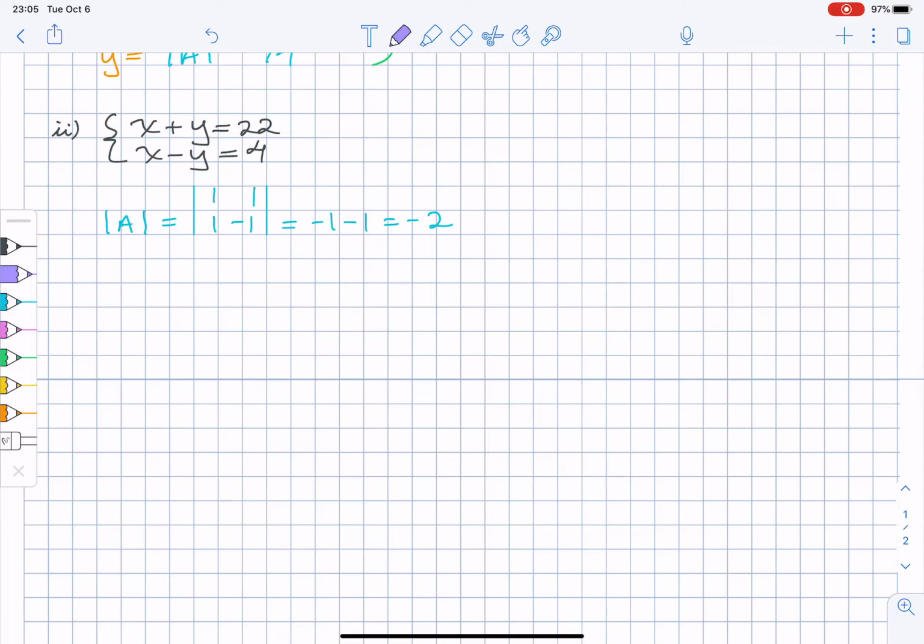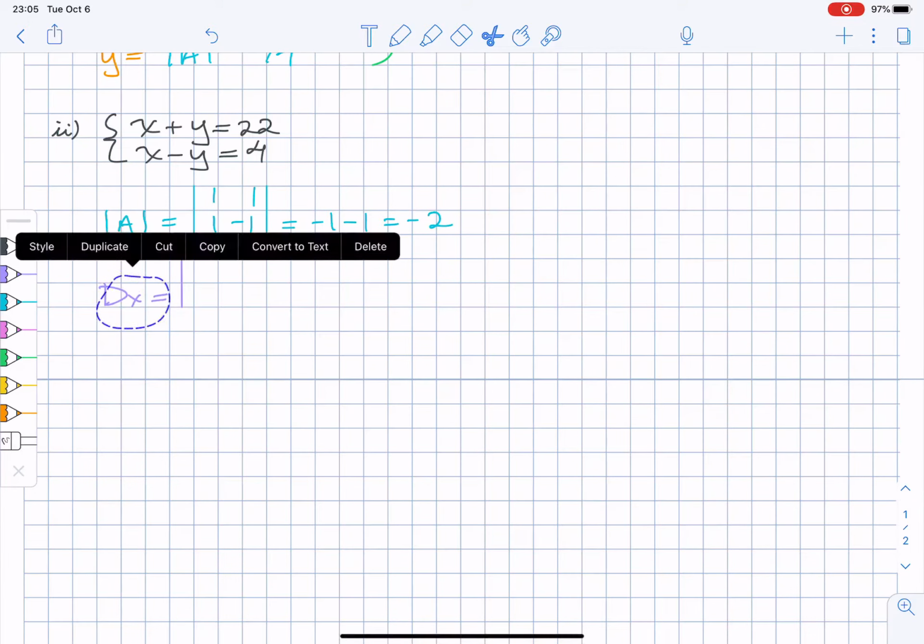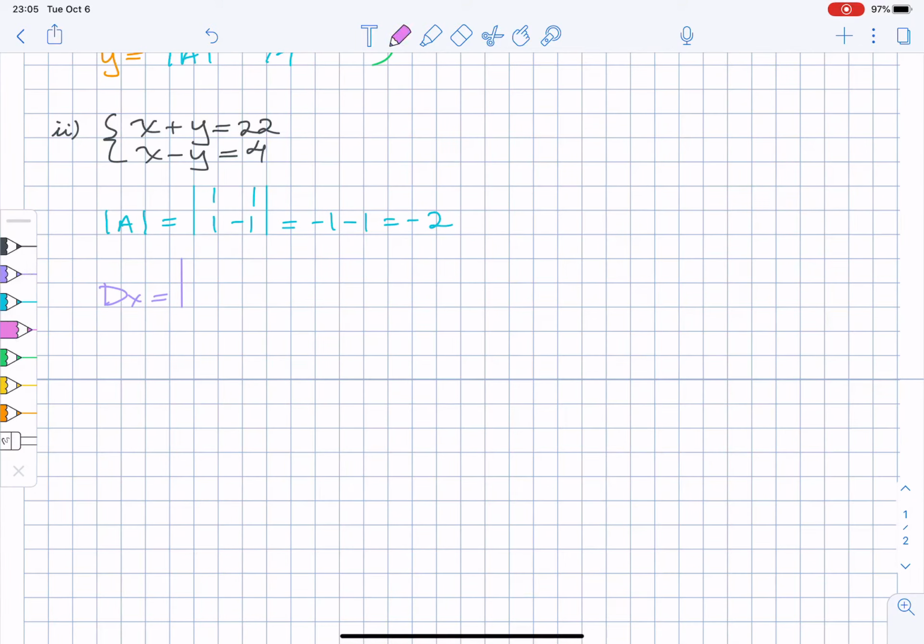I claim that capital D sub x is going to be the determinant of, I'm going to need more room, let me put this down one line. It's going to be the determinant that swaps out the x column for the answers, 22 and 4, and keeps the y column the same, 1 and negative 1. So that's going to give us negative 22 minus 4, or negative 26.